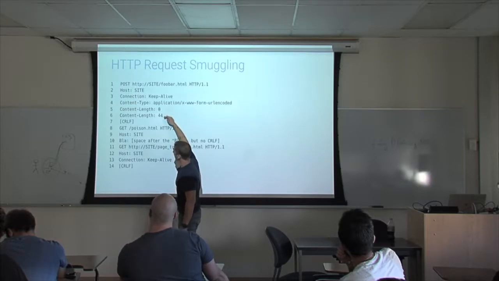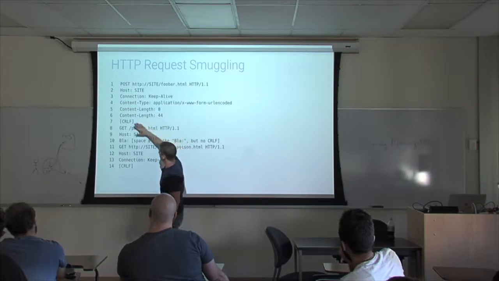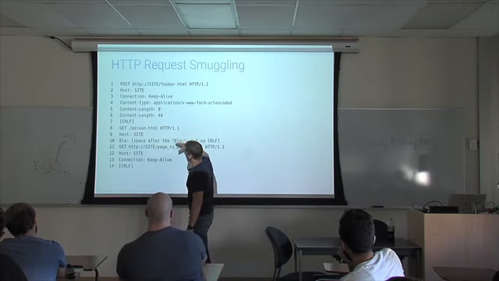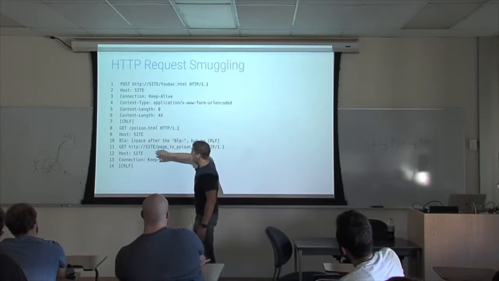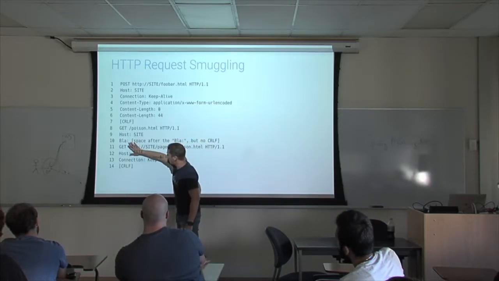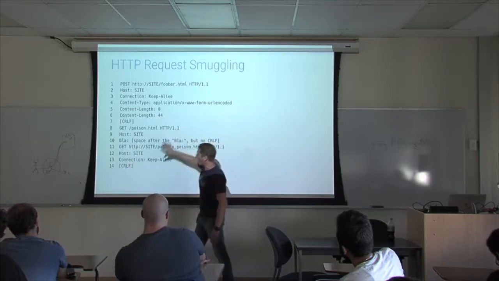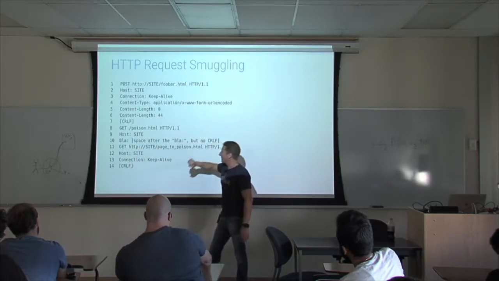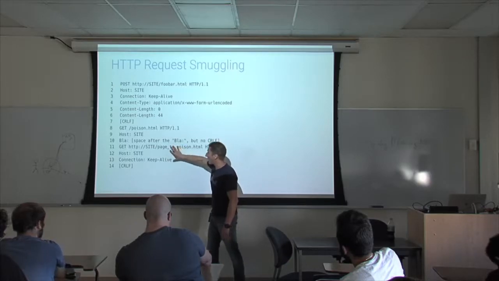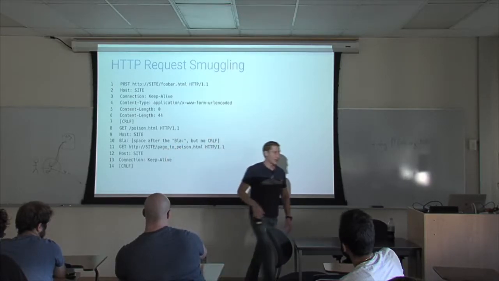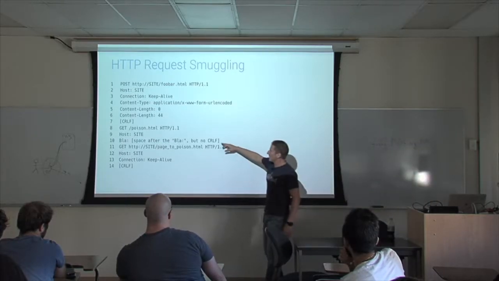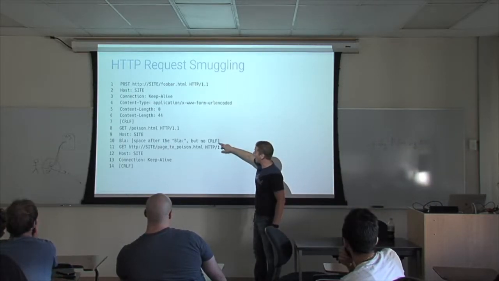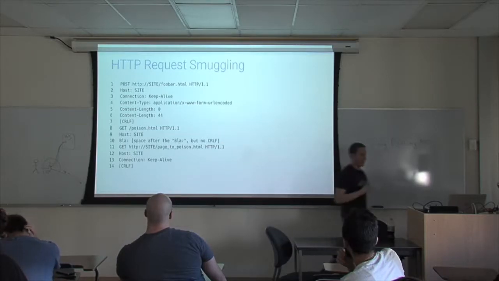One is 0 and one is 44. Then there is a new carriage return line feed and another request for something else. Then there is, as you see, some other header injected, and then another request. And by doing this, that space after that header is something that confuses the parser. And let me explain.